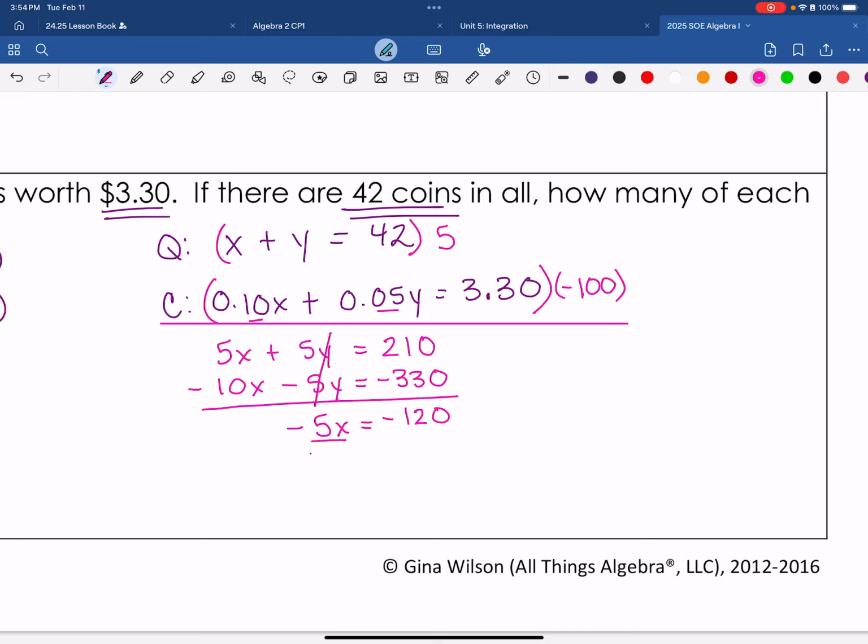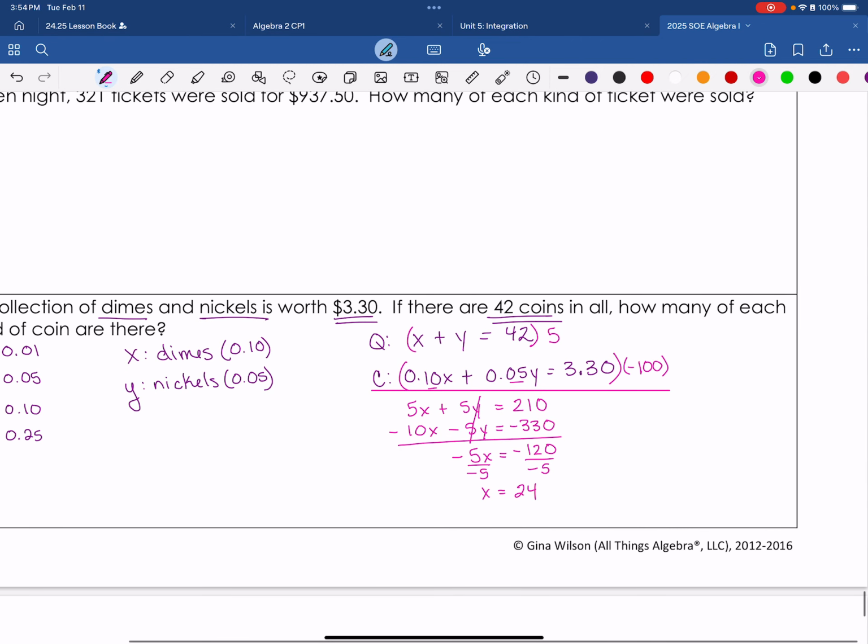I divide each side by negative 5, and I get x equal to positive 24. I am always going to sub into my quantity equation. So I'm going to do 24 plus y equals 42, and I get y equals 18. Now I'm just going to double check that with my cost equation.